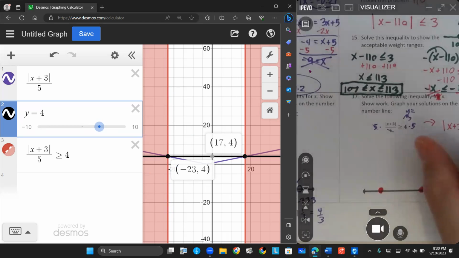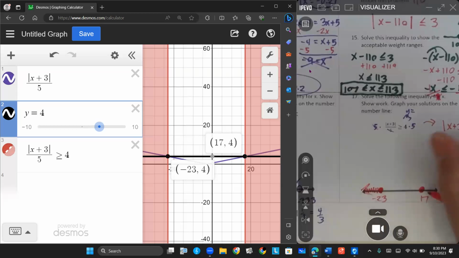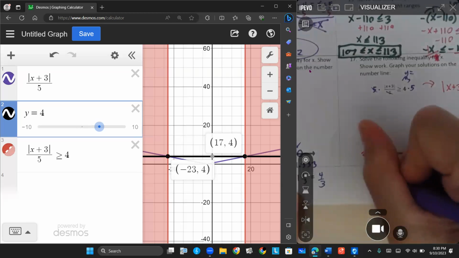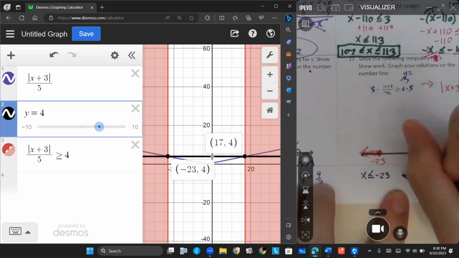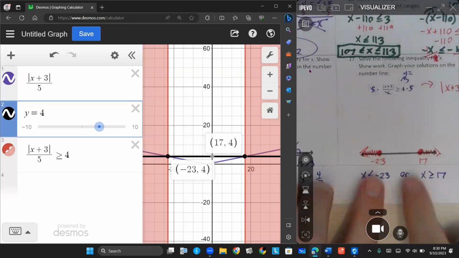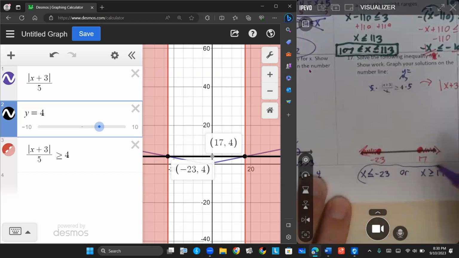Closed circles, negative 23, 17, shade there, and shade there. What that looks like as a solution is x is less than or equal to negative 23, and then you say, or x is greater than or equal to 17. Because they're going in opposite directions, you need the word or between those.